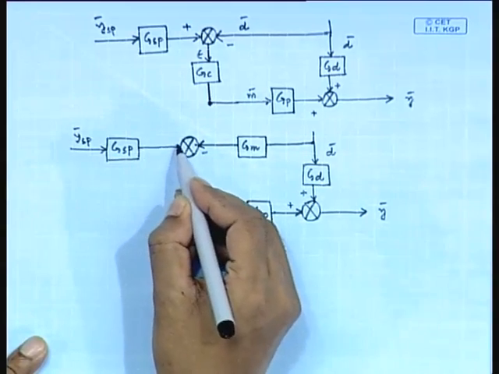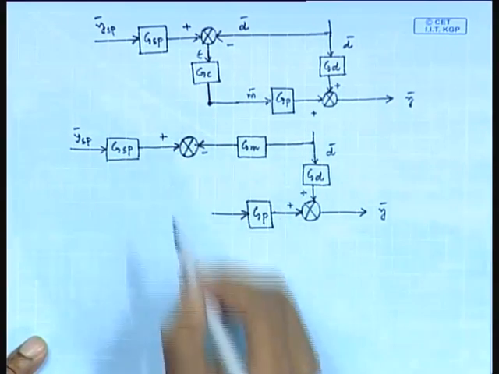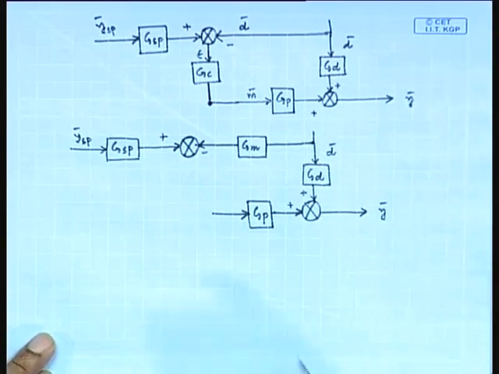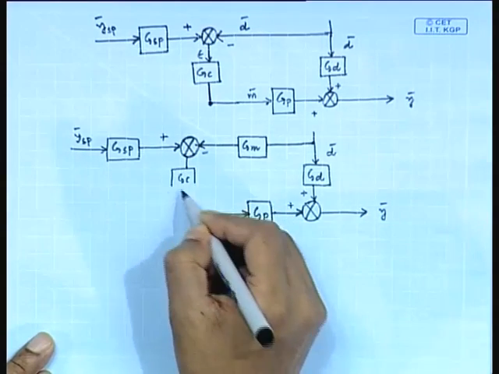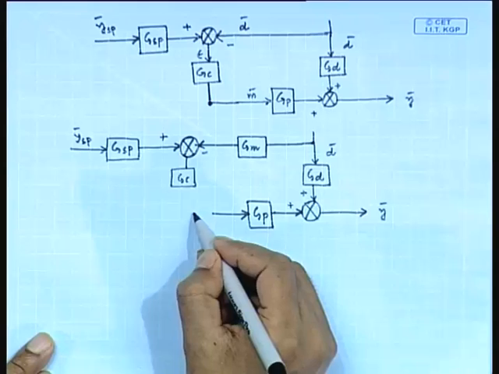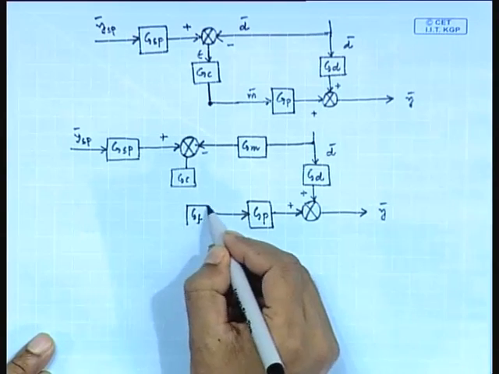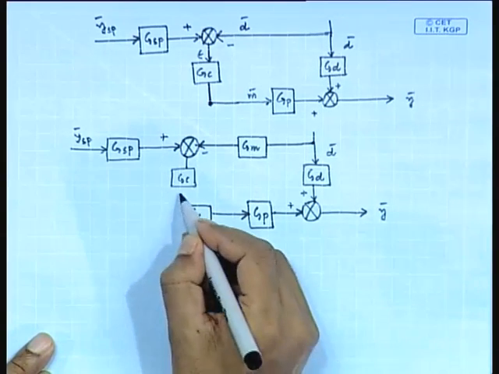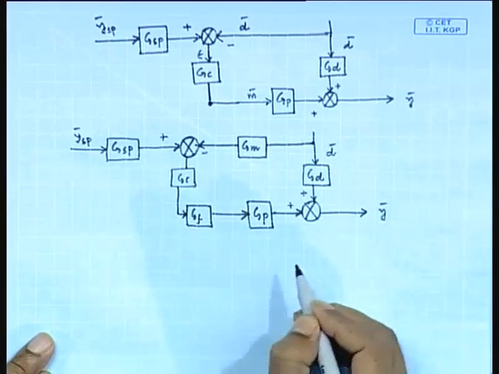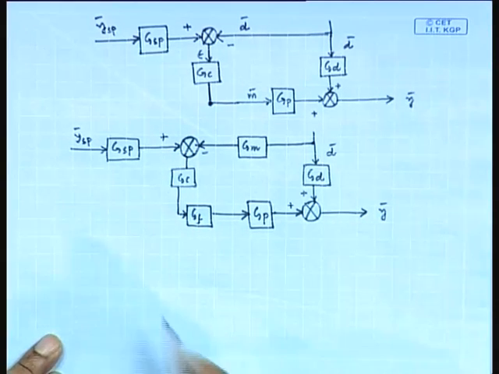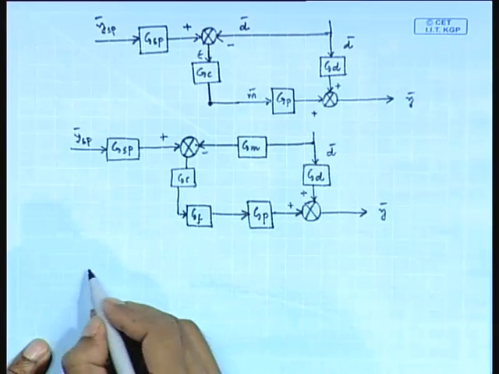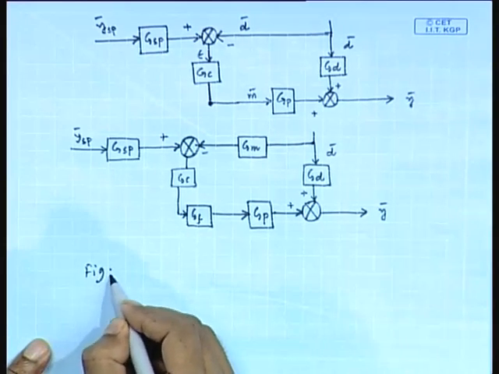This is the set point element, then here controller, here final control element. Fine. So, this is the block diagram for the feed forward loop.